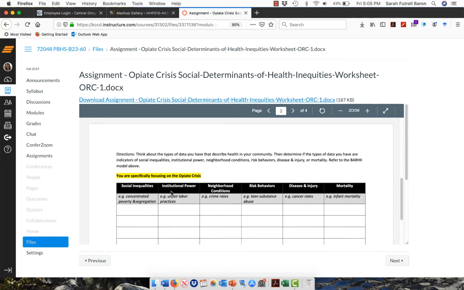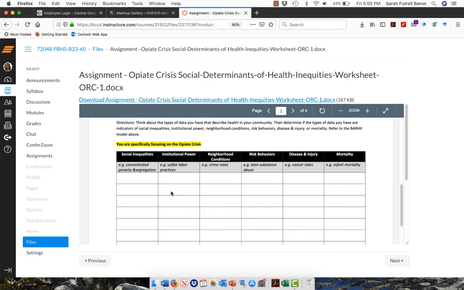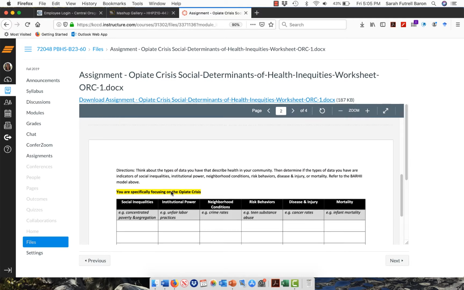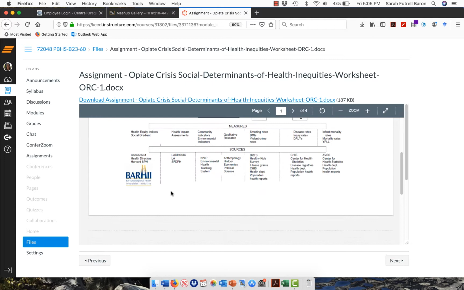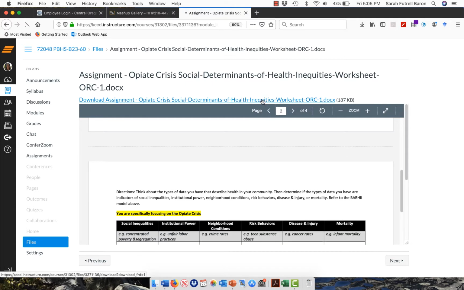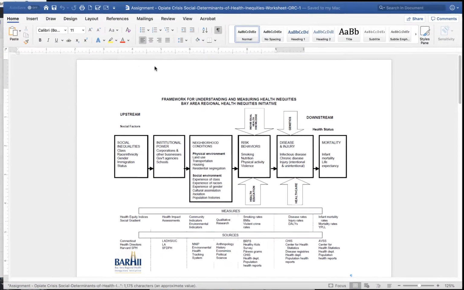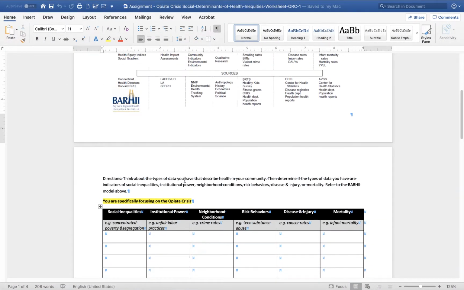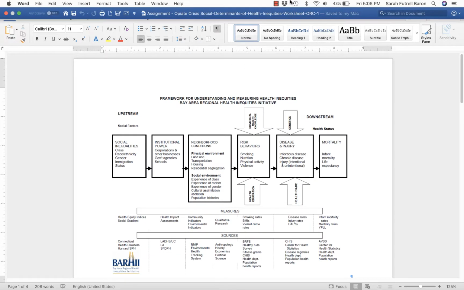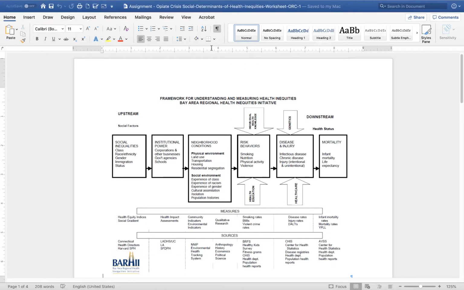I just went through this really quickly, but let me download this and show you how to do this. I'm going to give you one example right now. Hopefully you're seeing my sheet.